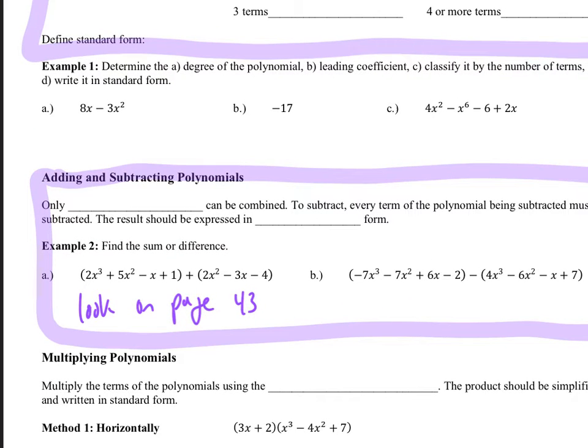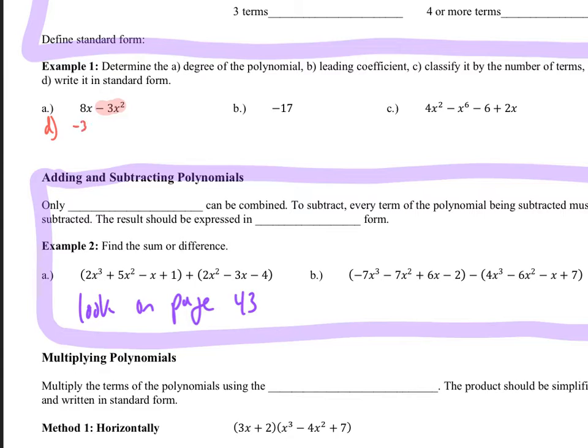So there are four things they're asking us to do: find the degree of this polynomial, find the leading coefficient, classify it by its number of terms, and then write it in standard form. Usually I find doing part D first to be the most helpful thing, so I'm just going to go ahead and do that. So to get it in standard form, I want to put it in order. Since this term here has the highest degree, I'm going to write that one first.